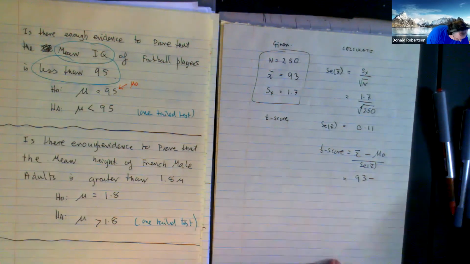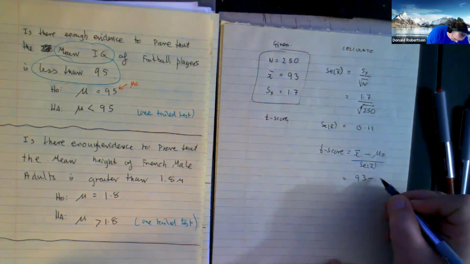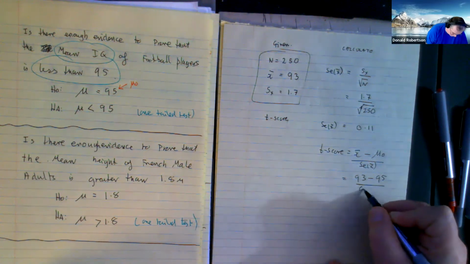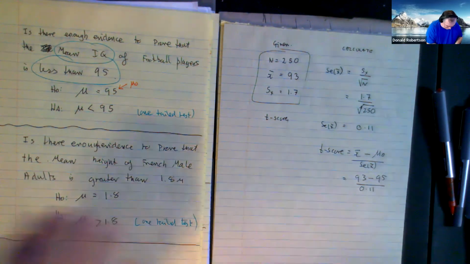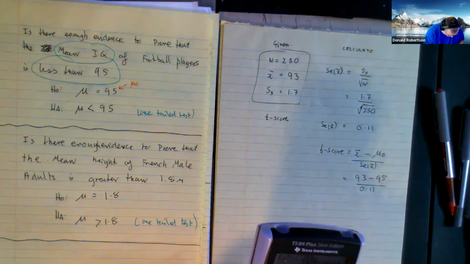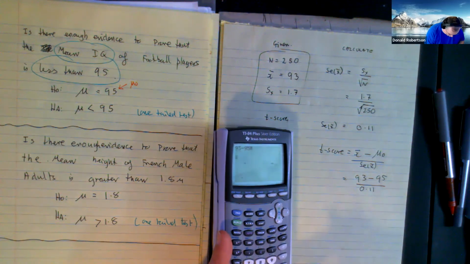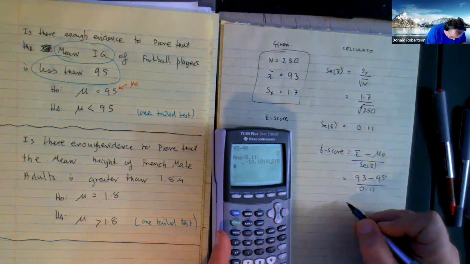So it's going to be 93, take away 95, divided by 0.11, and I get the answer negative 18.18.